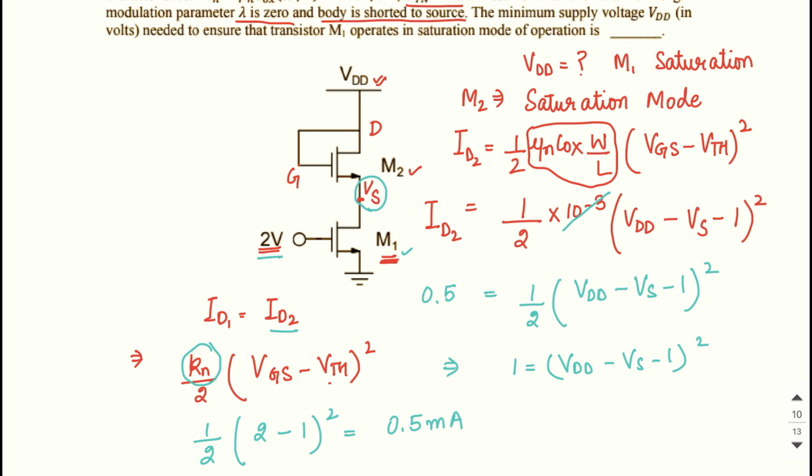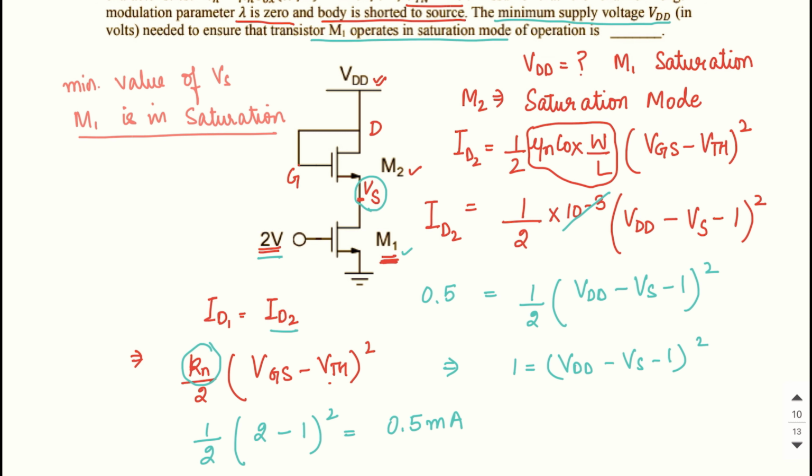Now, they are asking you about the minimum supply voltage that is required to ensure that the transistor M1 is in saturation. So for this type of thing, we need to find out what should be the minimum value of Vs so that M1 is in saturation. So for this, we will write down the condition for the M1 transistor to keep it in saturation.